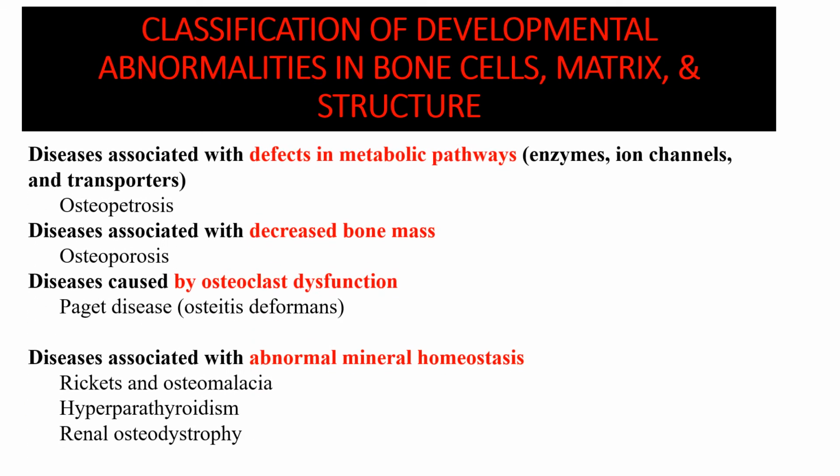We have also covered diseases associated with defects in metabolic pathways such as osteoporosis. Now, today we will see the diseases associated with decreased bone mass. An important member of this group is osteoporosis.